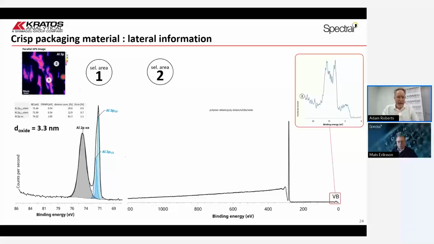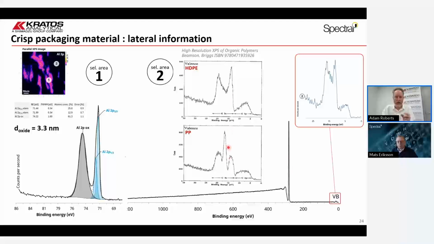If I then take a spectrum from the polymer region, I get exclusively a carbon peak. That's the only peak that I'm seeing. The only other area that may give me an insight into the material is the valence band. And by acquiring the valence band and comparing it to reference spectra from different materials, I can quite easily say that my polymer material is high density polyethylene, by matching empirically the two valence bands.